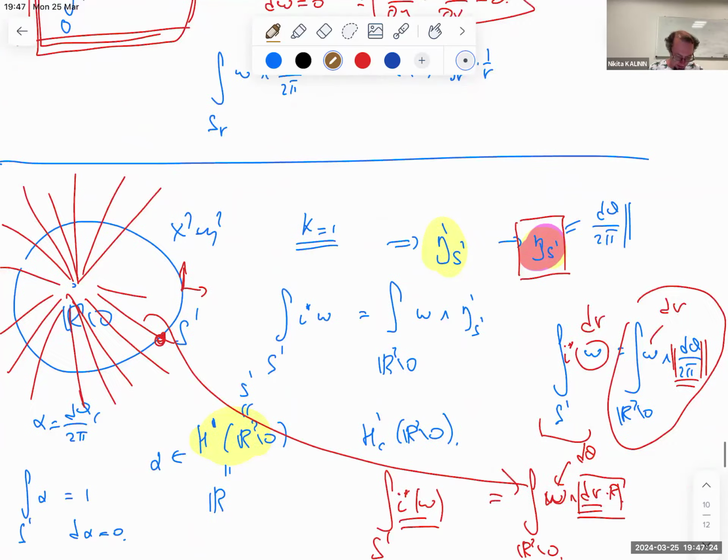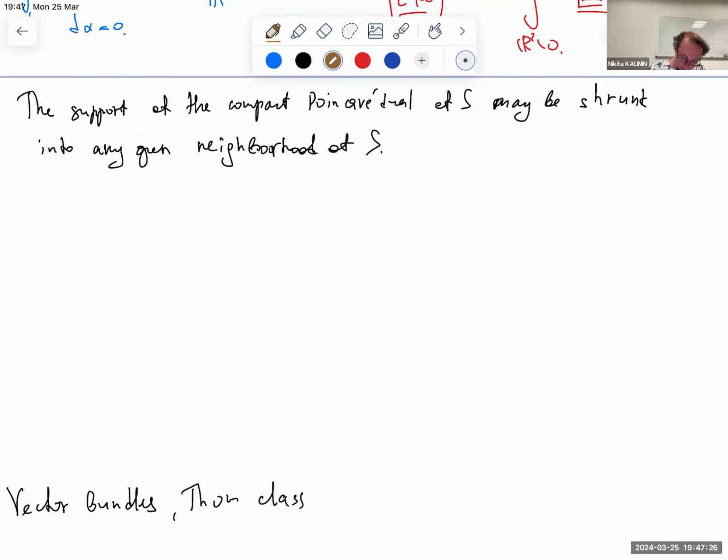Okay, so the next thing is that the support of the compact Poincare dual of S may be shrunk to any open neighborhood of S. How can we prove it?